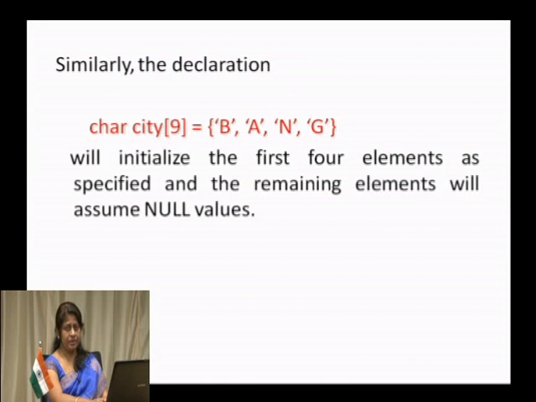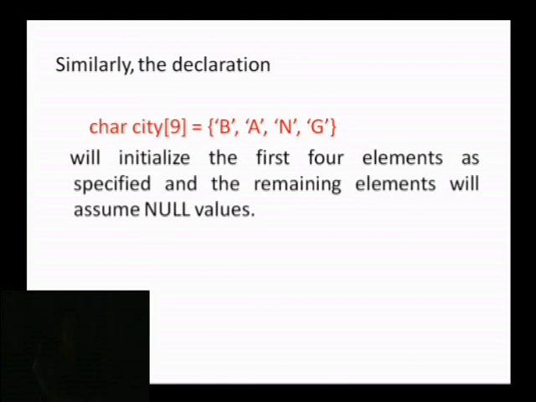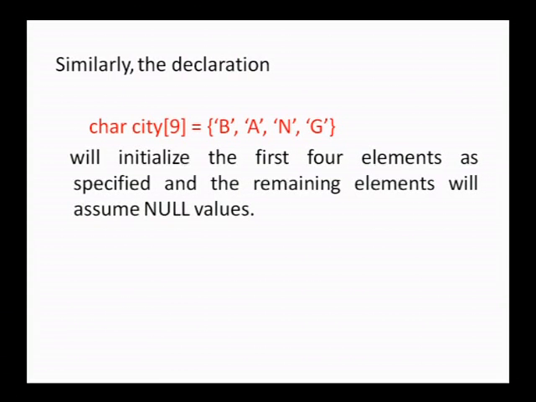So city[0] will be equal to B, city[1] equal to A, city[2] equal to N, and city[3] equal to G.